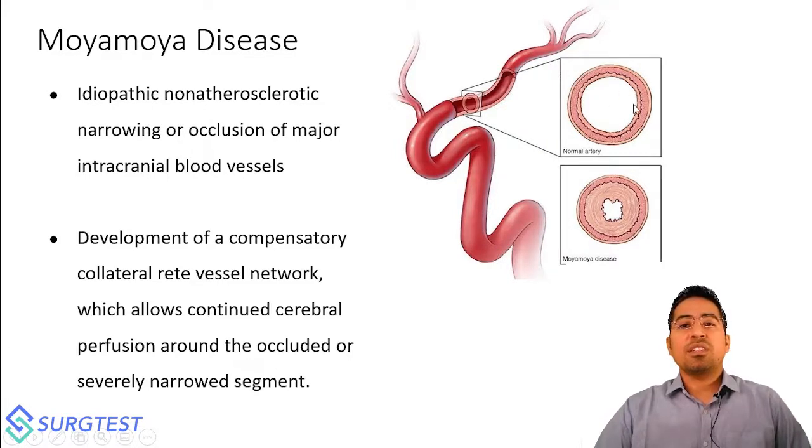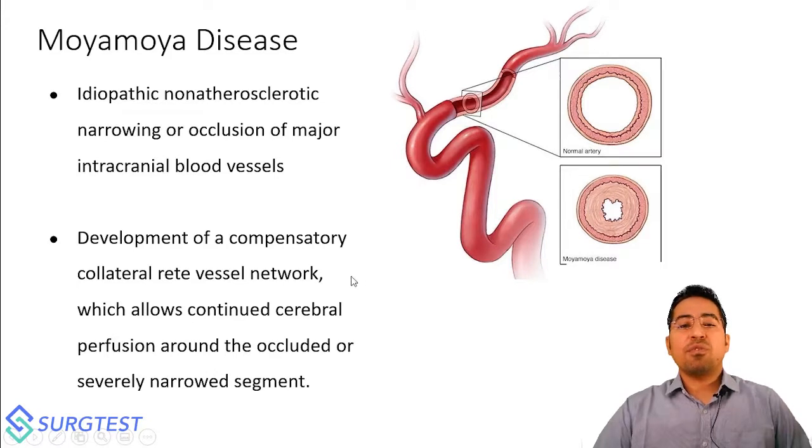So you can see this is the normal artery, and this over here is a Moyamoya disease artery, where you can see the lumen is getting narrowed and gradually it gets obstructed. Once the vessel is obstructed, there will be development of compensatory collateral rete vessels, which will allow continued cerebral perfusion around the occluded vessel.